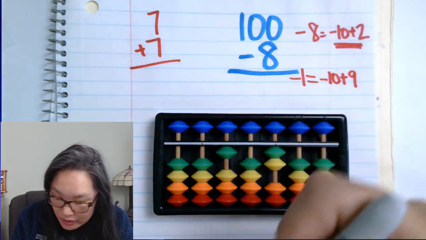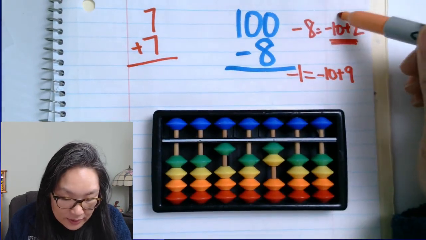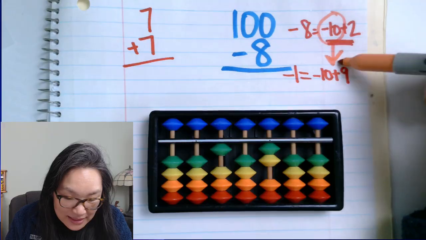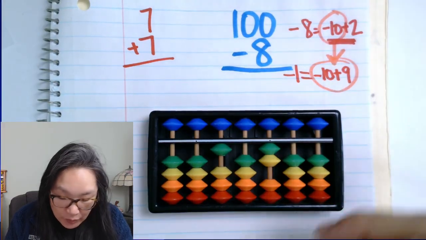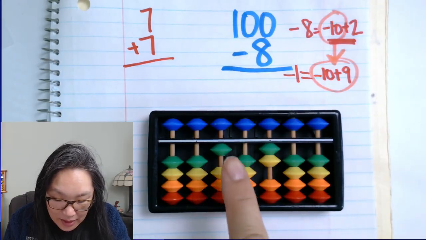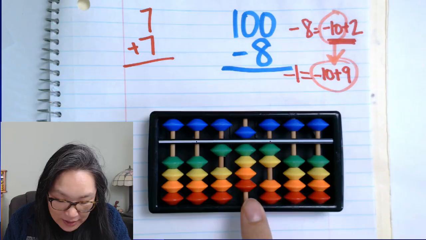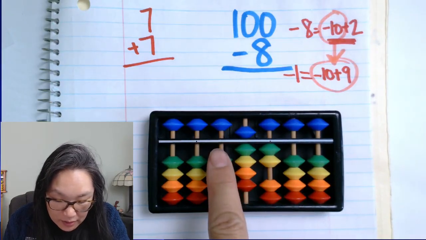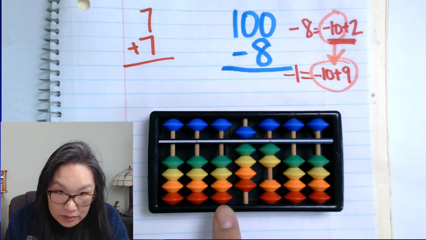So what did I just do? I took this 10 and I expanded it to here. Is that what it is? Expanding? So I'm going to minus the 10 plus the 9. I'm going to plus the 9. I'm going to minus the 10. I can. So it stops right here. That's all I'm doing.